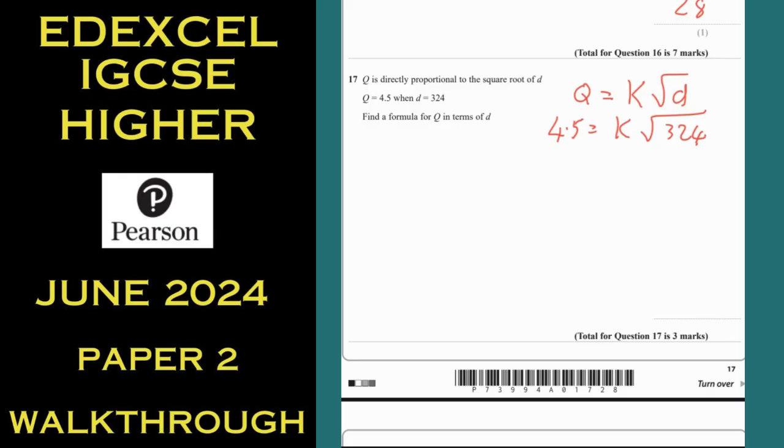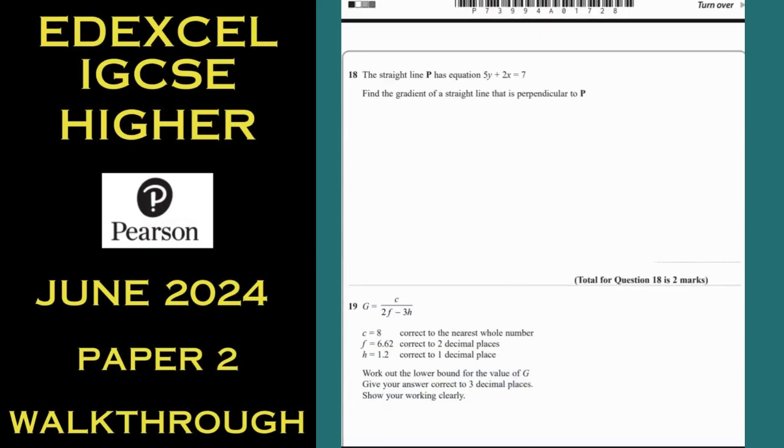You could write 18 there. But we want K. We want 4.5 divided by 18. A quarter, or 0.25 if you want, however you want to write it. It needs to be Q equals this number multiplied by root of D. I'll go for 0.25.